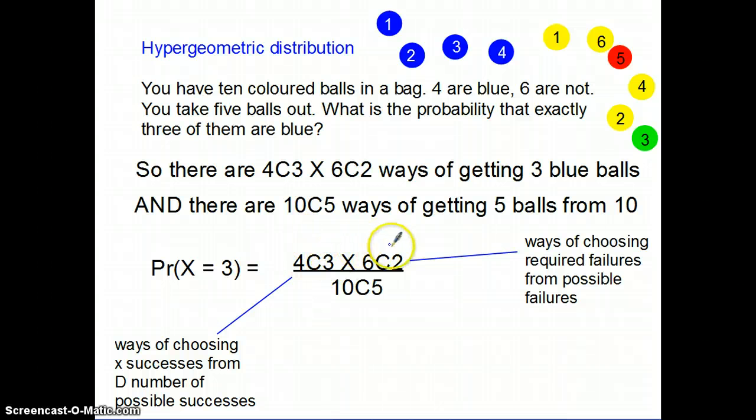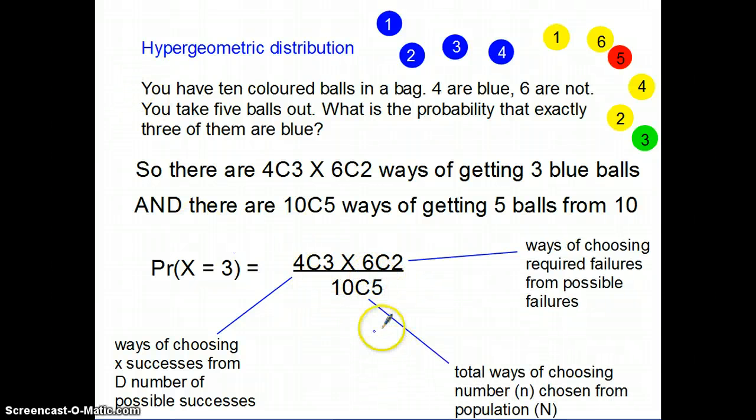So if we have 3 successes, there had to be 2 fails out of the possible number of fails, which was 6. So this is your ways of getting success times your ways of getting failure, and this is all out of the number of ways of choosing however many objects you're choosing out of the total population. So it was 10 and we were choosing 5.